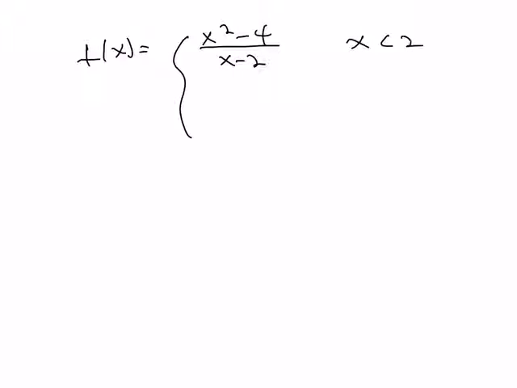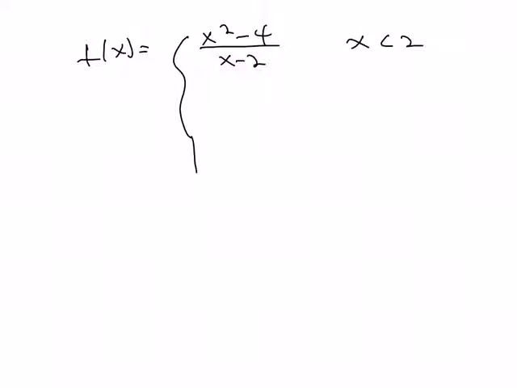Problem 42. So problem 42 asks us to find an a and a b that makes the following f continuous. So we have f of x equals x squared minus 4 over x minus 2, and this is if x is less than 2.